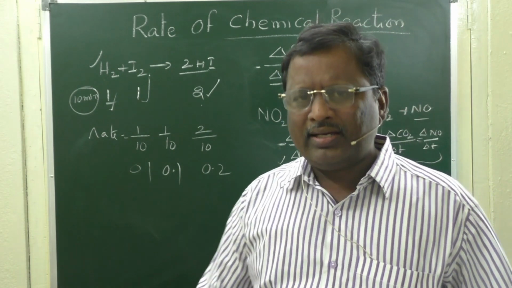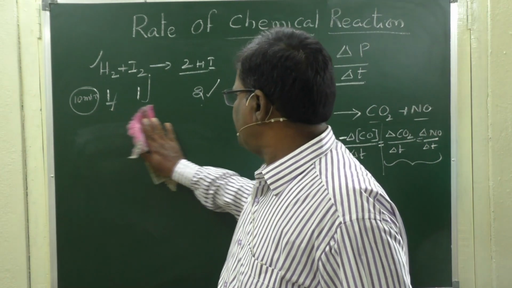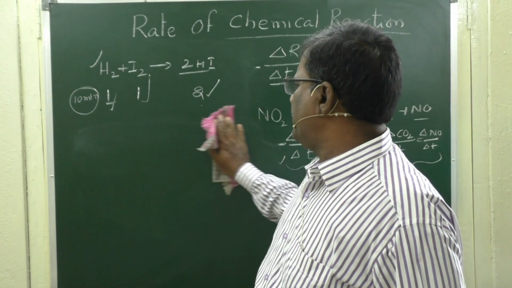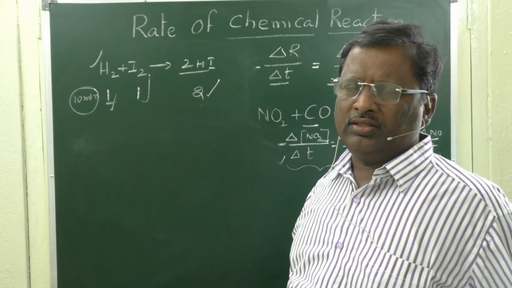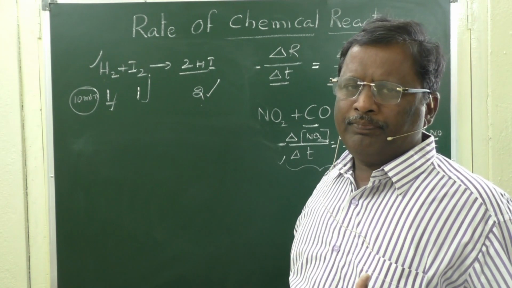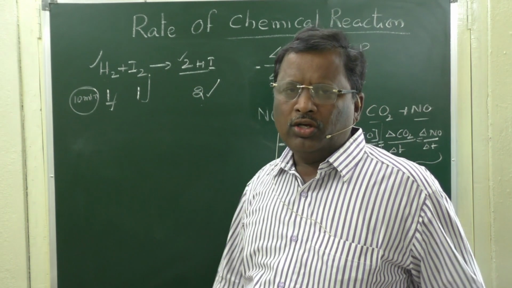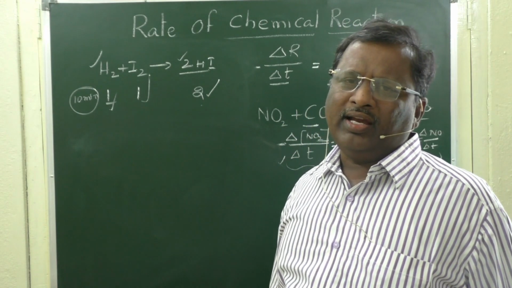So, to make this true, while expressing the rate, particularly when the reactants and products are in different stoichiometric proportions, the coefficient that is present in the balanced equation should be taken as a fraction while expressing the rate of a chemical reaction.